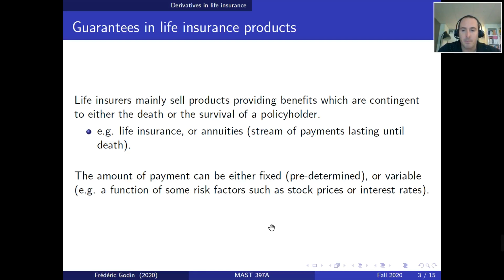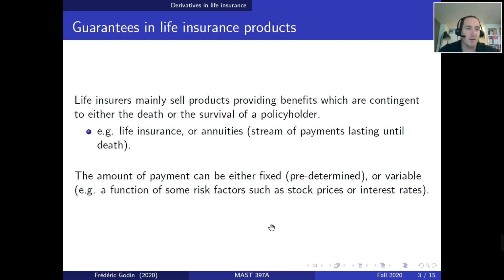Or they can be variable. Sometimes the benefits provided by either the annuity or the life insurance are unknown at the onset of the contract, and the benefits promised evolve as a function of the evolution of some risk factors such as stock prices or interest rates.